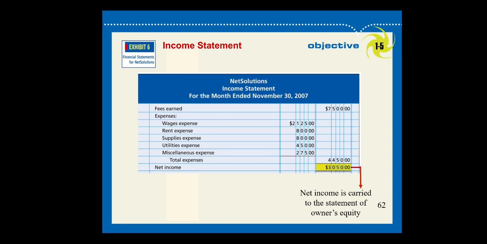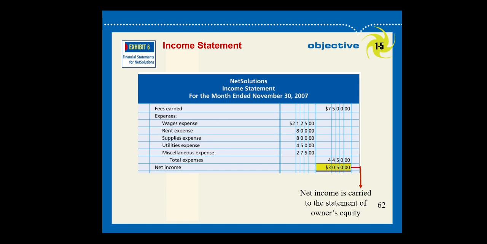The revenue is fees. And then this business has several expenses. When you run a business, you have expenses. The example here is wages for the workers, rent, supplies, utilities, miscellaneous expenses. Utilities are things like electricity, water, telephone, internet. These are called utilities in accounting.